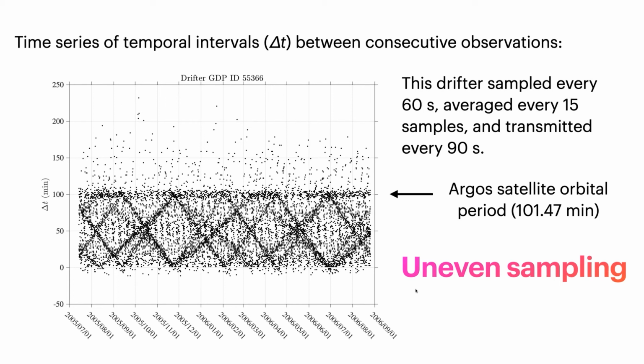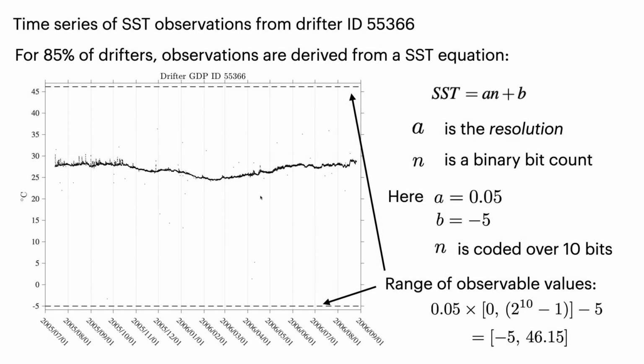But because it was an Argos tracked drifter, it was basically transmitting continuously until a satellite was flying overhead of the drifter, and the drifter was able to transmit its data. So it results in a very unevenly sampled time series when it comes to SST, and it looks like what you have on the graph showing here on the left. And so the Argos satellite orbital period is about 101 minutes, and it explains why you have partly some of these patterns. So we have uneven sampling.